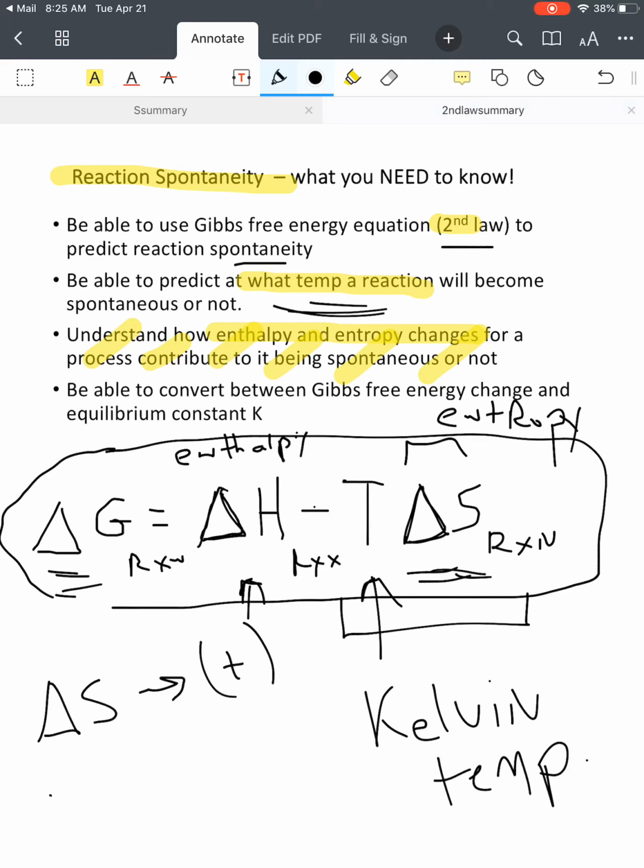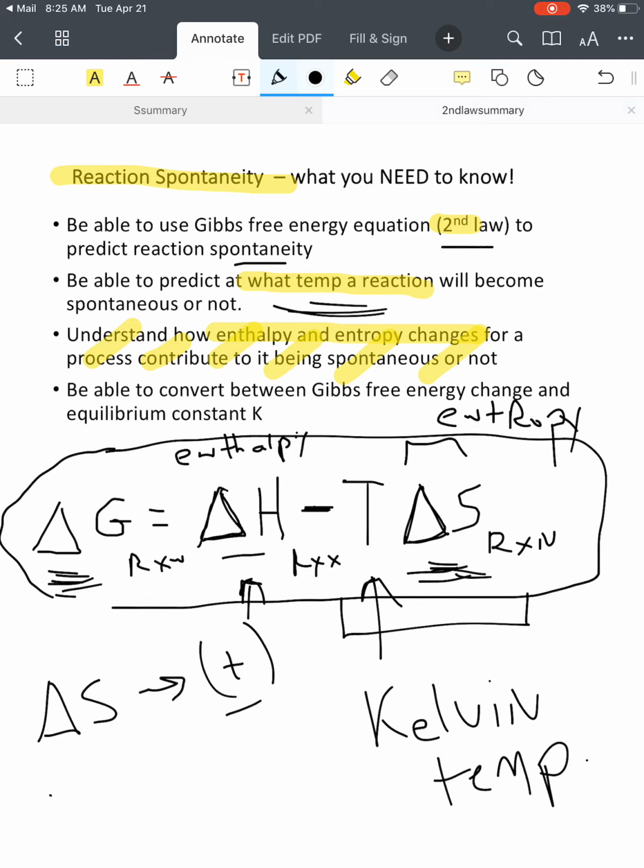And notice that we're subtracting that second term, aren't we? So as that second term becomes bigger and bigger, my delta G would become more likely to be negative if delta S is positive. All right. So at some point, even if I have a positive delta H, I can overcome that if my delta S is positive.